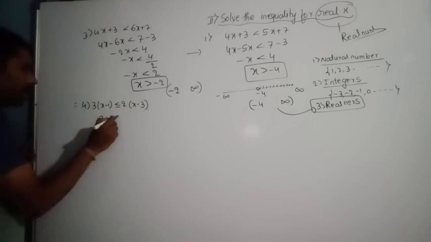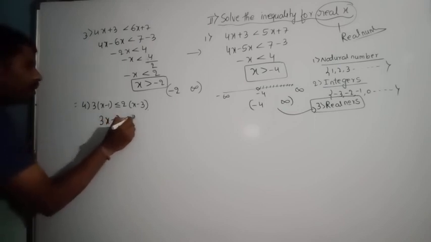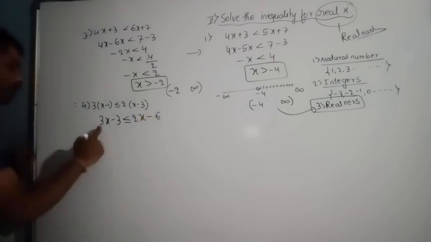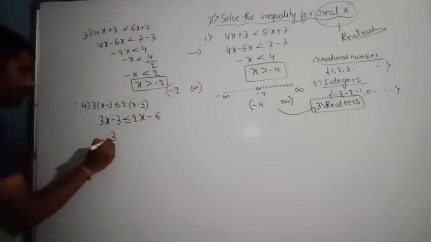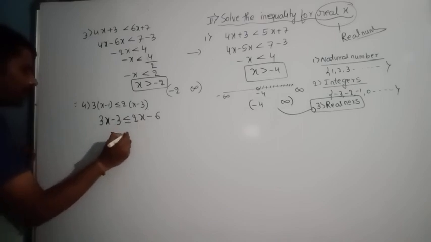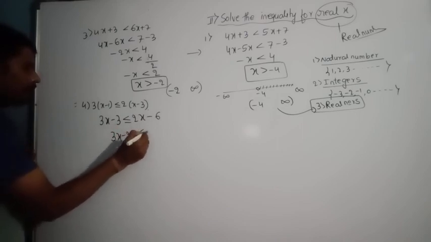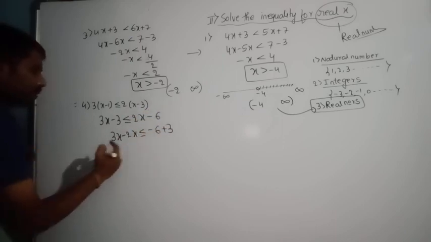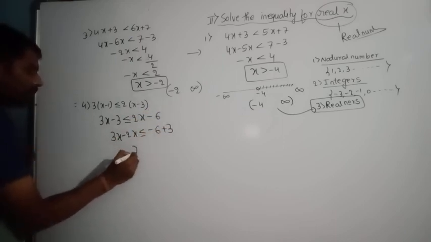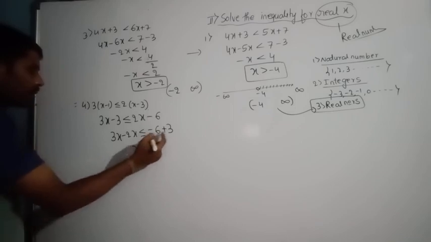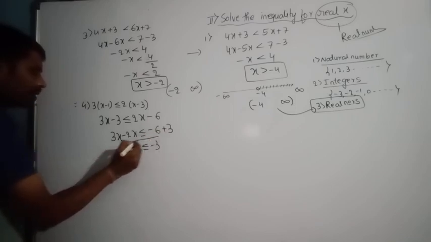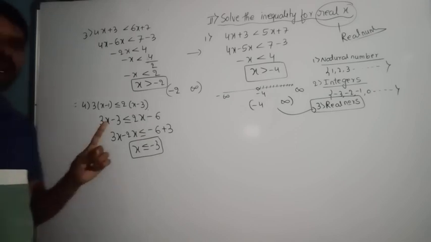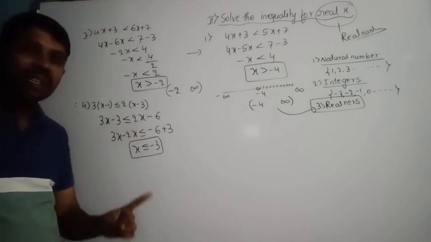3x minus 3 is less than or equal to 2x minus 6. x this side: 3x minus 2x is less than or equal to minus 6 plus 3. 3x minus 2x is x, less than or equal to minus 3. Students, see, the value of x is minus 3 or less.